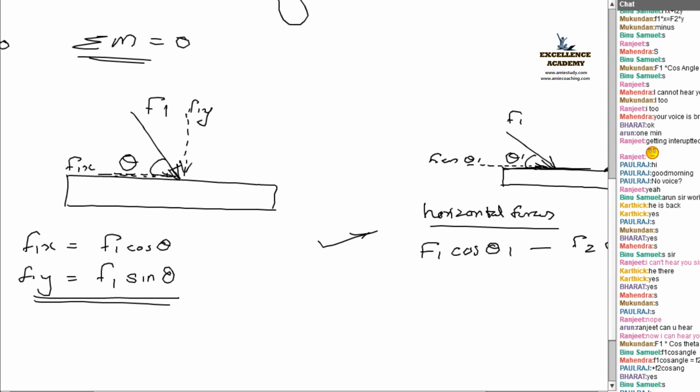But here it is not over. One more thing is also there. Vertical force is also there. Please resolve it.